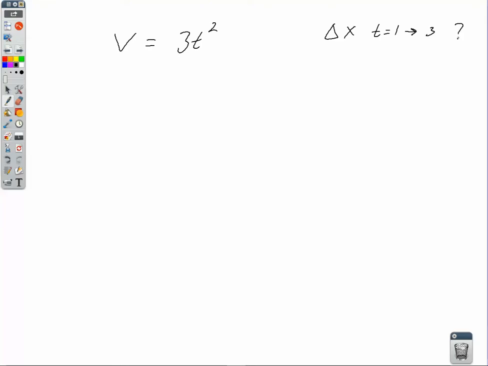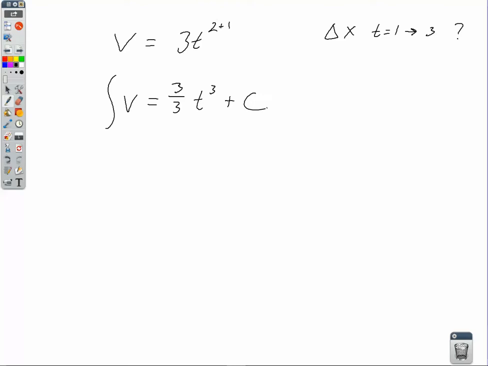Yeah? All right, so the first step in this is taking the antiderivative. So the antiderivative of v is going to equal, remember this exponent goes up by 1, so we have t cubed, and then we divide the coefficient out front by the new exponent, and that is our antiderivative. Let's go ahead and add on the c here. So we end up with just t cubed plus c, yes?